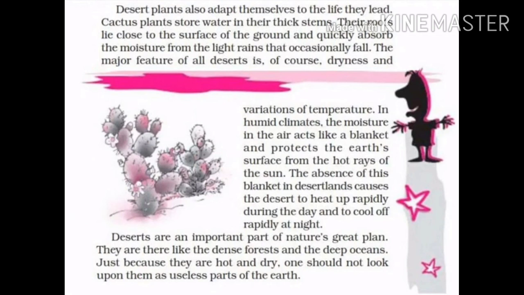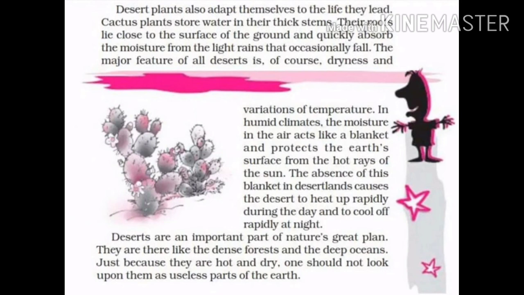Why does it happen? In humid climates, the moisture in the air acts like a blanket. In humid climates like in our region, where there is no dryness, there would be some moisture in the air, and it is like a cover that protects the ground surface from the hot rays of the sun. So we don't feel it so hot during the daytime.